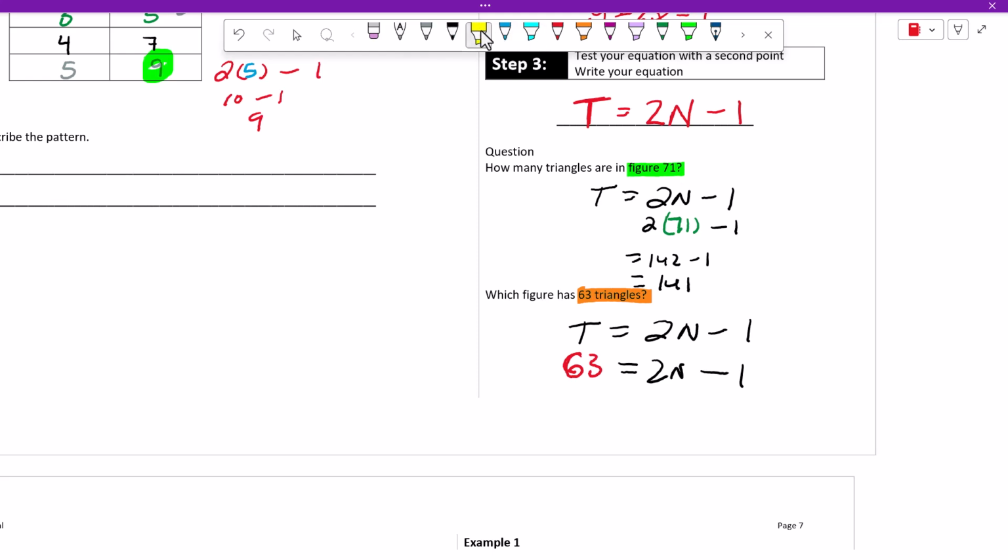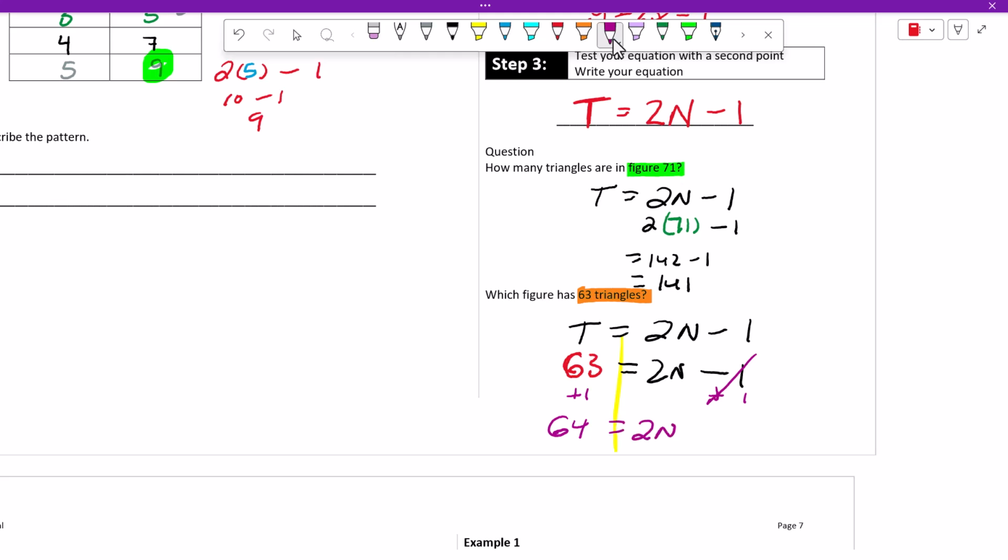We split at the equal sign. We cover up the side that doesn't have the letter. What's our first move? Move the 2 or move the 1? Yeah. So it's minus 1, add 1, add 1. The 1's go away. 64 equals 2n.